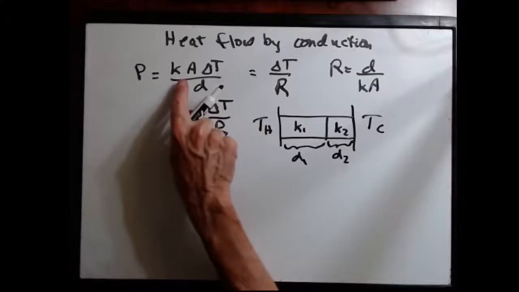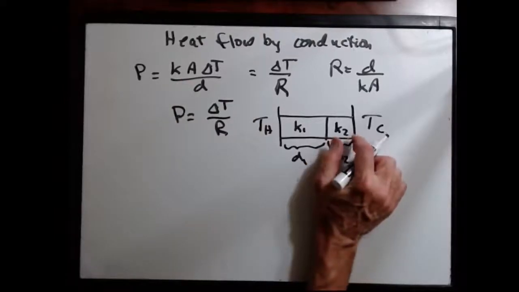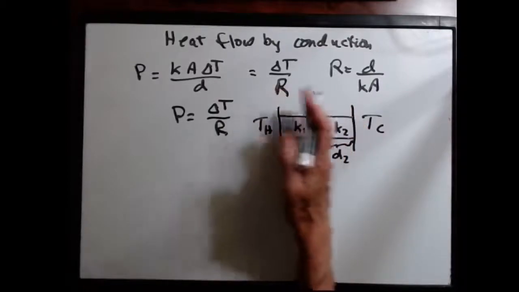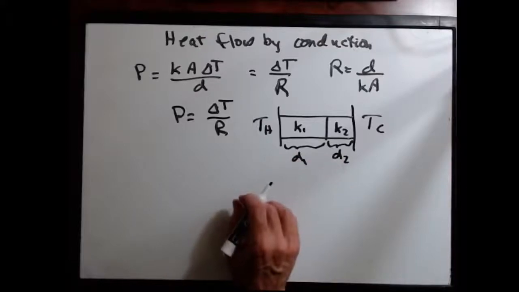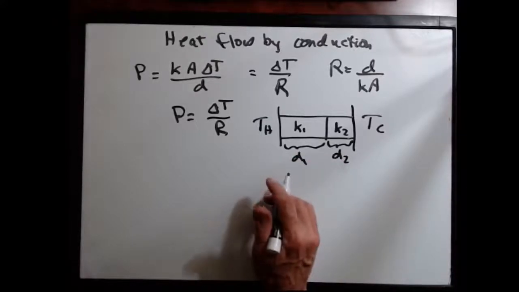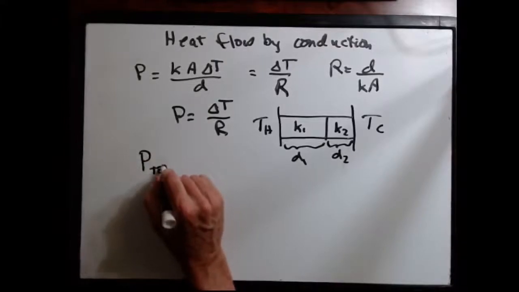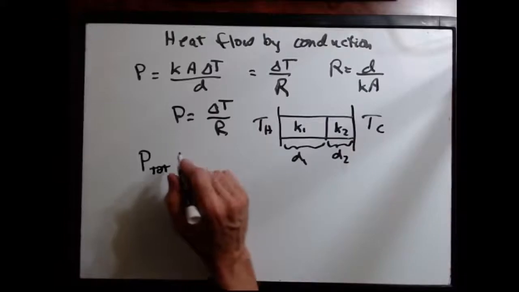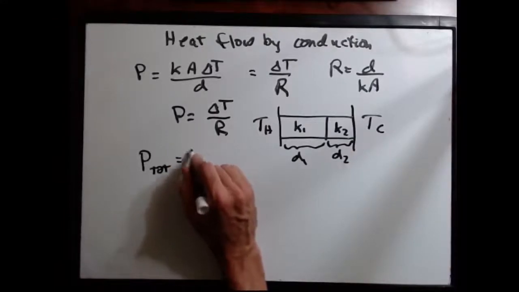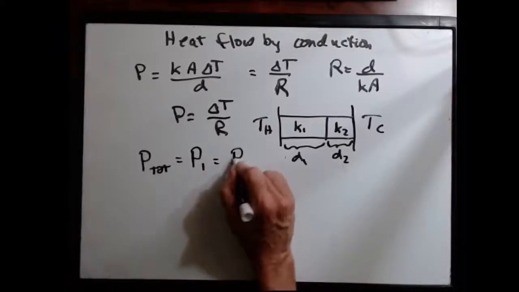It's hard to do it here. We don't know what this intermediate temperature is. This borderline could be anywhere. D1 could be really big relative to D2 or really small. But what we do know is that the total power, the heat rate flowing from T hot to T cold, is equal to whatever's flowing through this one and whatever's flowing through this one.